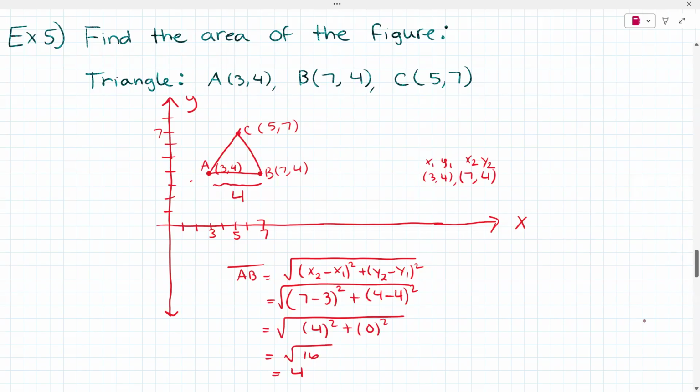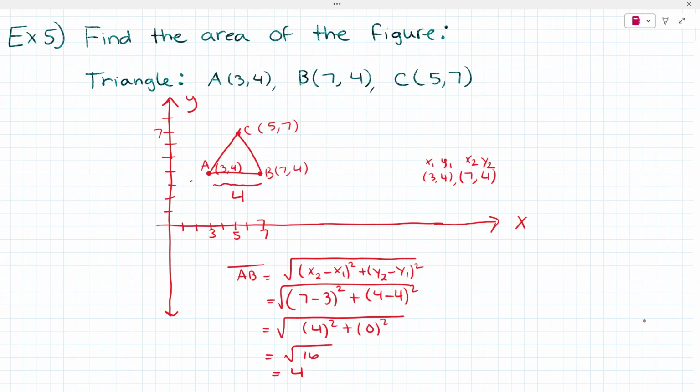What about the base? Oh, it just says find the area, not the perimeter. So we have the base. Now, how do we find the height? I think we could just look at the points.